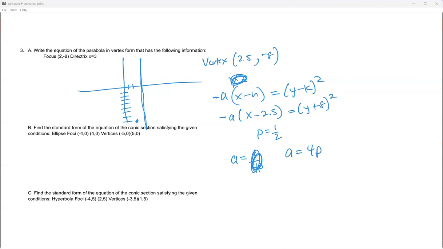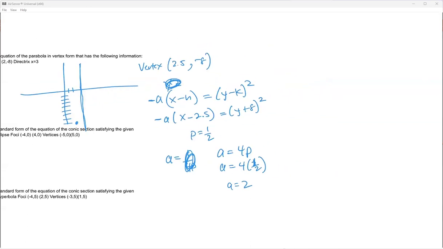So a is equal to 4 times 1 times 1/2, so a is equal to 2. So the final answer would be negative 2, and x minus 2.5 is equal to negative 2 times y plus 8 squared.